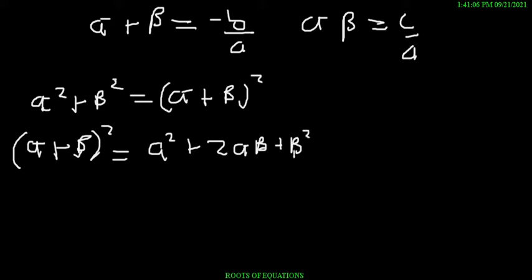because alpha times alpha is alpha squared, alpha times beta is alpha beta, again beta times alpha is alpha beta, then you add, which gives us 2 alpha beta, plus beta squared, because beta times beta is beta squared. So we're going to have alpha plus beta squared plus 2 alpha beta.